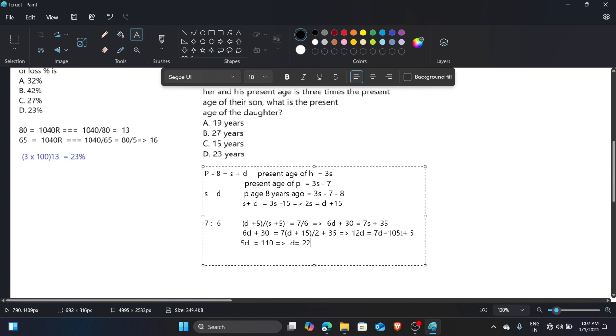Yeah, 35. Okay, yes, 7. d plus 15 divided by 2, so 2 have to multiply. If 2 has gone, sorry, 30 I have changed the side, then it is remaining 5 only. If I make the 30 change side as a minus, so it is 5 only. And here the 70 and 15, that is also okay. I think this is the problem.